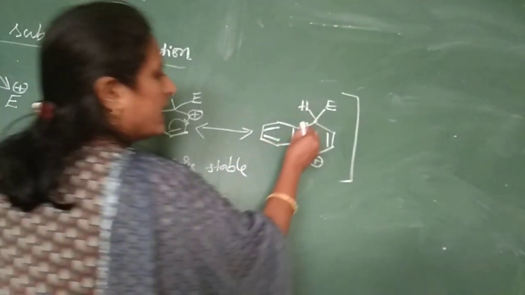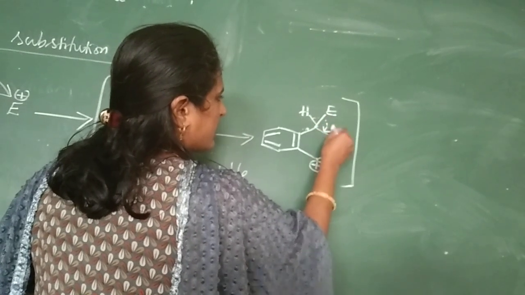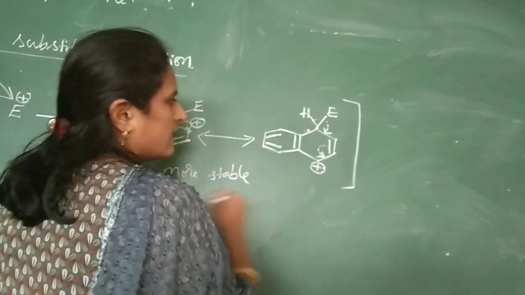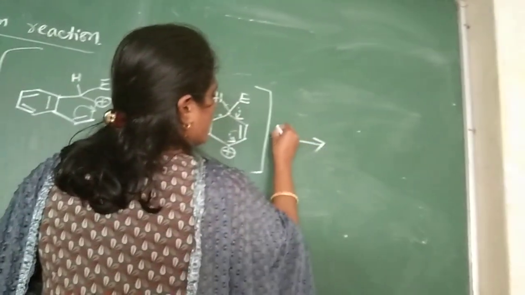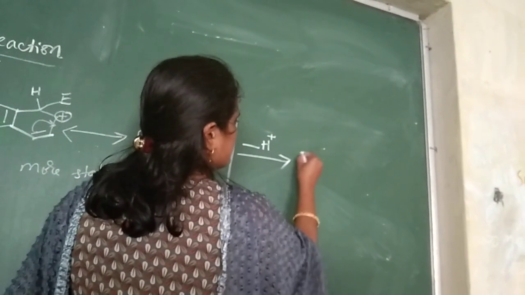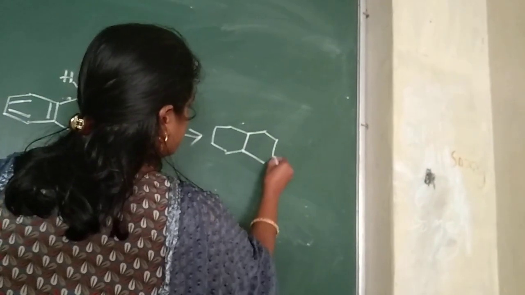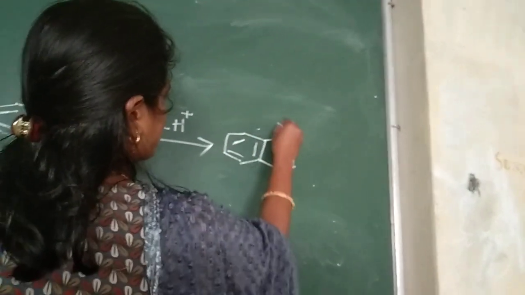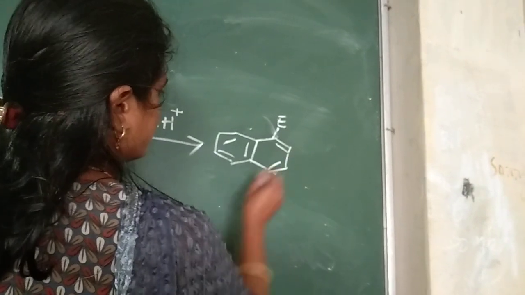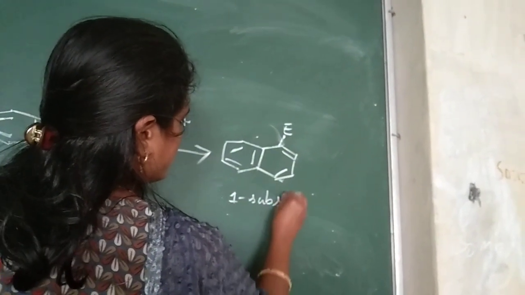Finally, it releases electrons to here, then moves again here. It loses a hydrogen ion and forms the one substituted product.